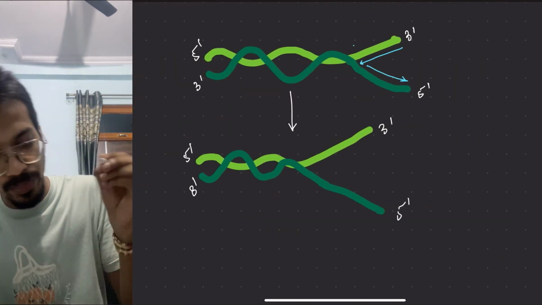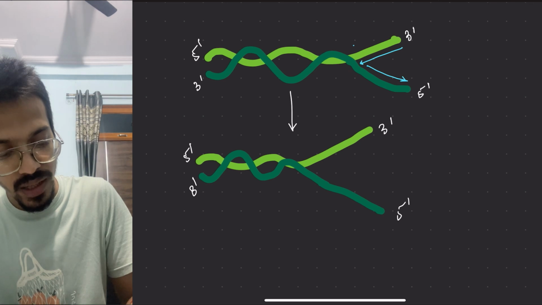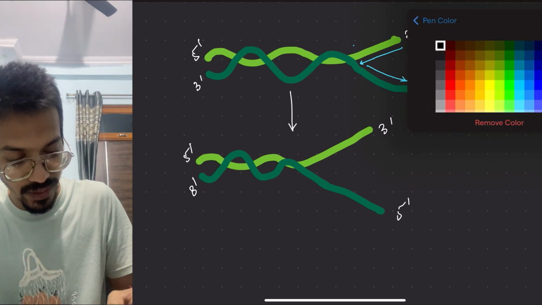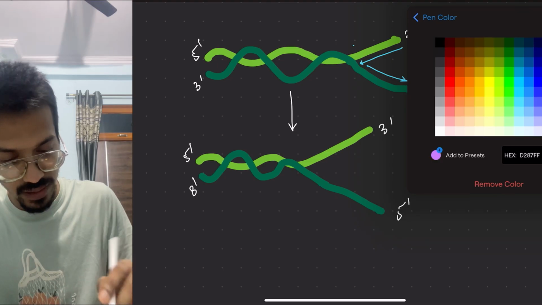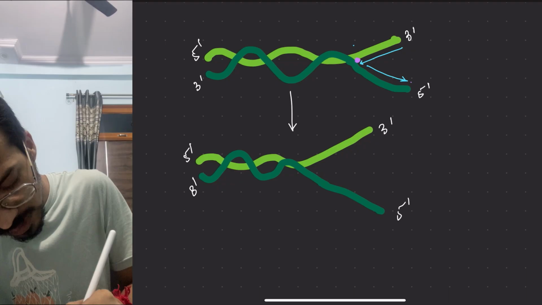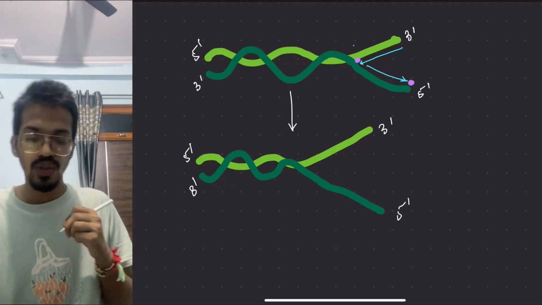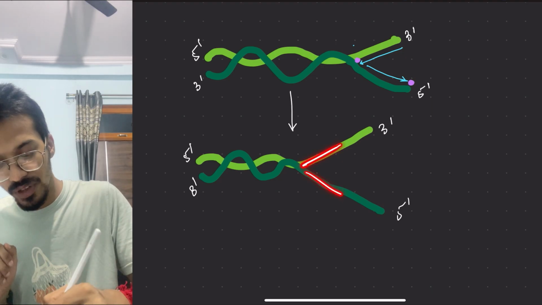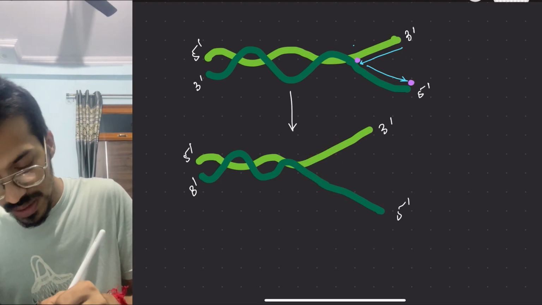So this blue color which I have shown you indicates that this much has been made. This reached this point, whereas this one has reached this point. So what will happen? The helix will open up further, and more nucleotides have been added.